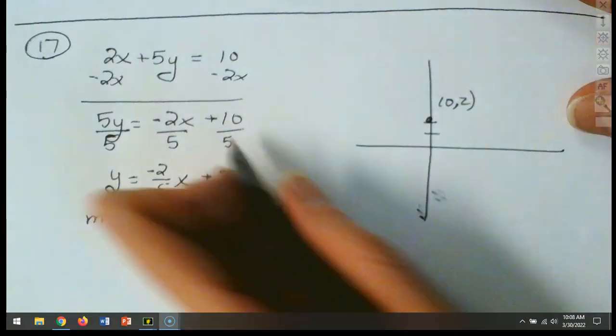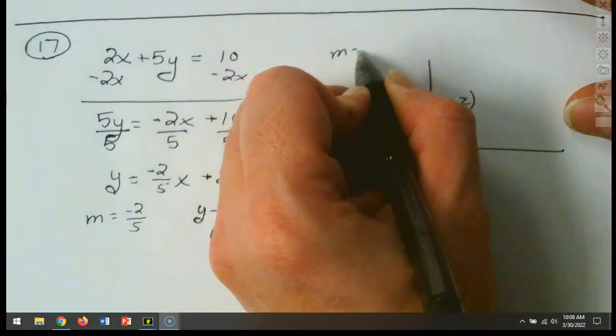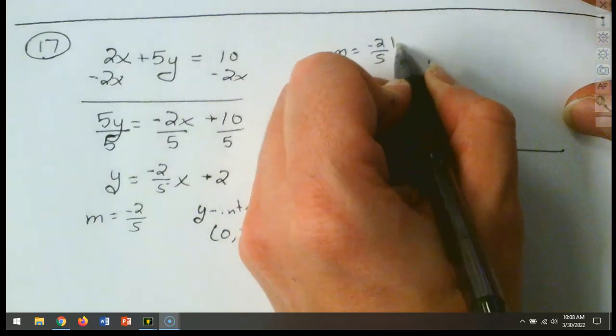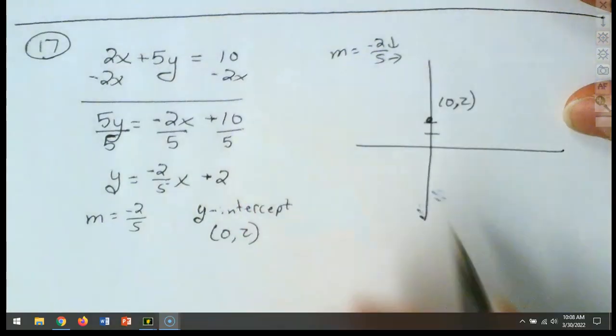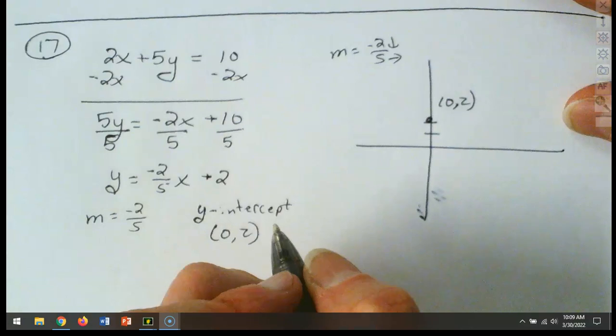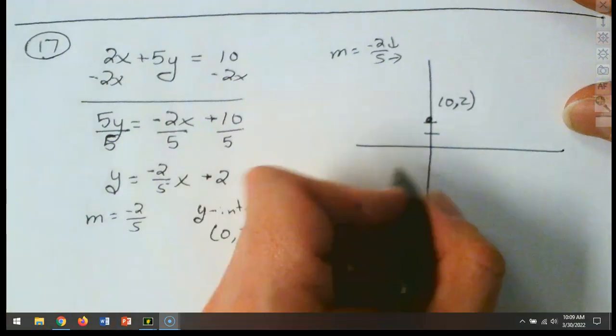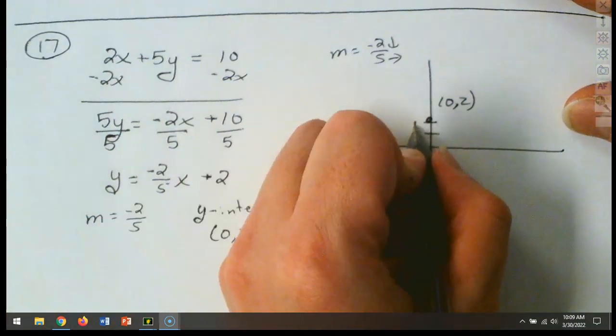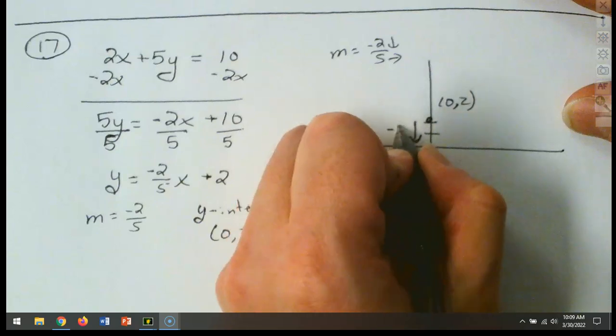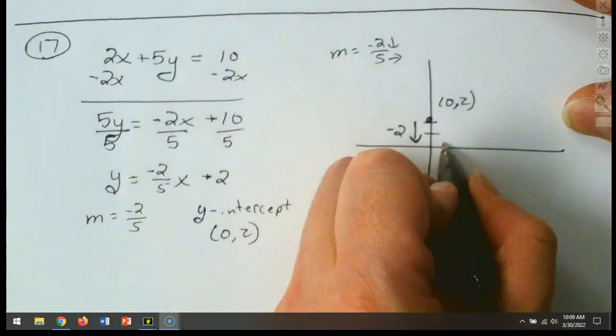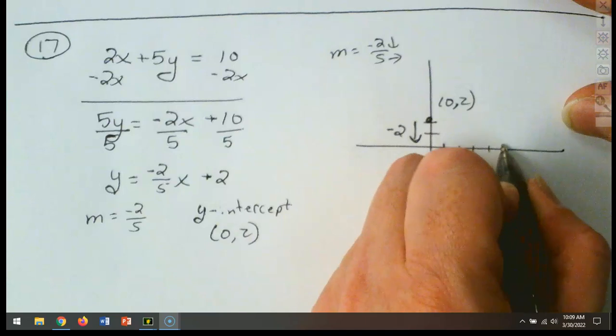And what is my slope? Minus 2/5. So what do we do? Down 2 over 5. And if you want to plot the ordered pairs, you can. If you want to just draw the arrows and put the point in, that's okay too. So down 2, that's the main part. And then over 1, 2, 3, 4, 5.